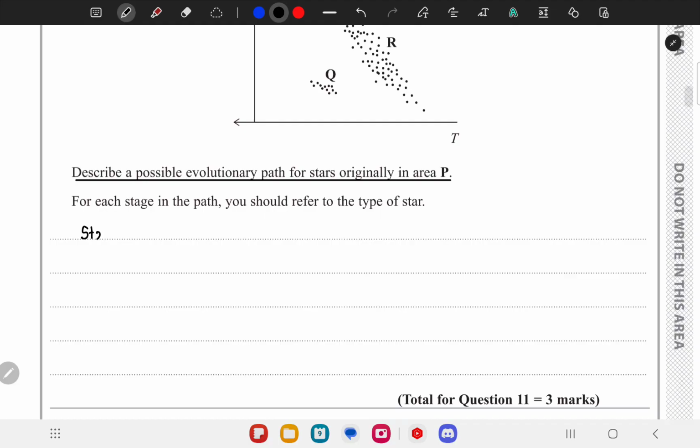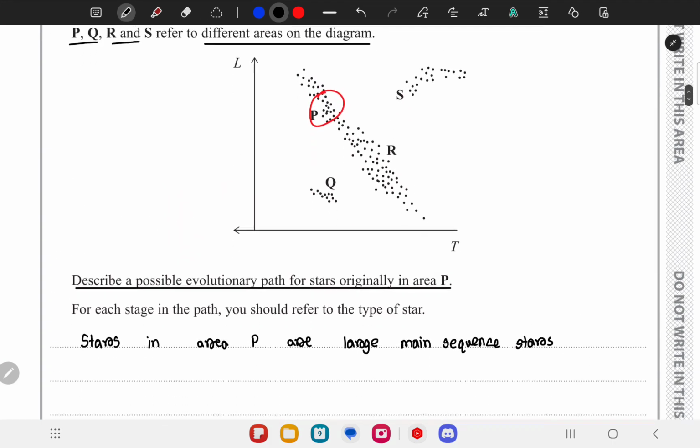So stars in area P are large main sequence stars, and you have to keep in mind it's still a large main sequence star.